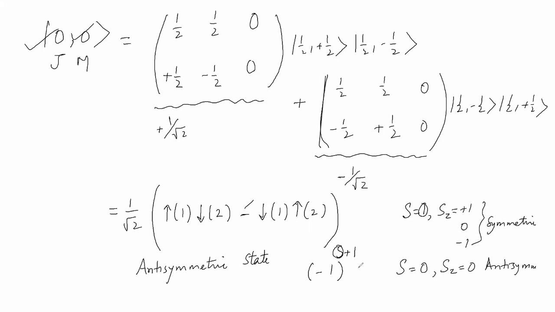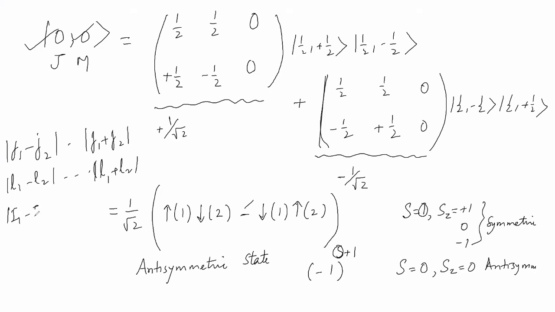Sir, here J should be equal to J1 plus J2, half and half add to give 0, sir. No, no, J equal to J1 plus J2 is not possible. Yesterday I explained that when you add angular momentum, then you have to add from J1 minus J2 to J1 plus J2, or L1 minus L2 to L1 plus L2, or I1 minus I2 to I1 plus I2, or S1 minus S2 to S1 plus S2.